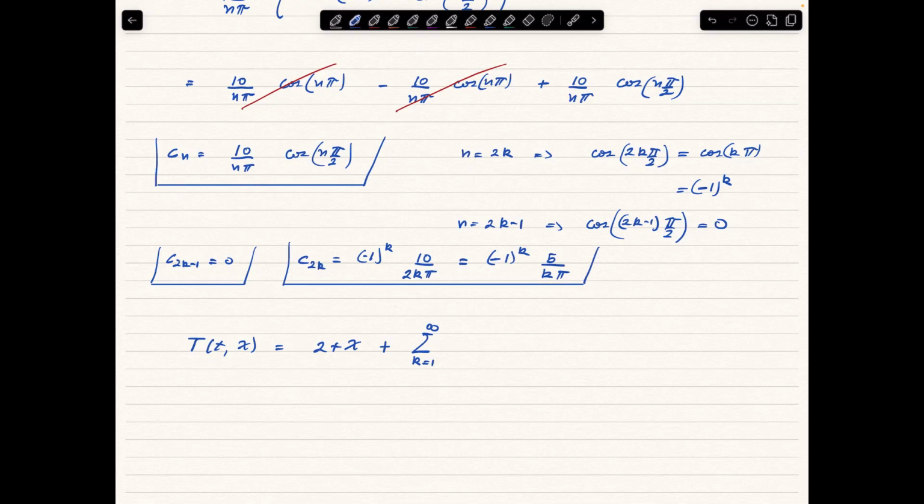So we can put this coefficient here, -1 to the power k, then 5 over k pi, and then the exponential -3, then n squared, but this is 2k pi over 5 squared, and then sine of n, which is 2k pi x over 5.